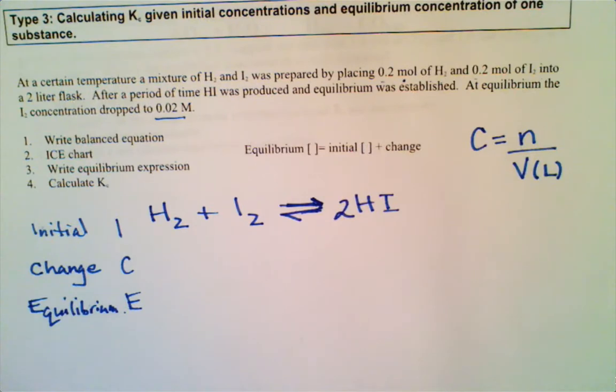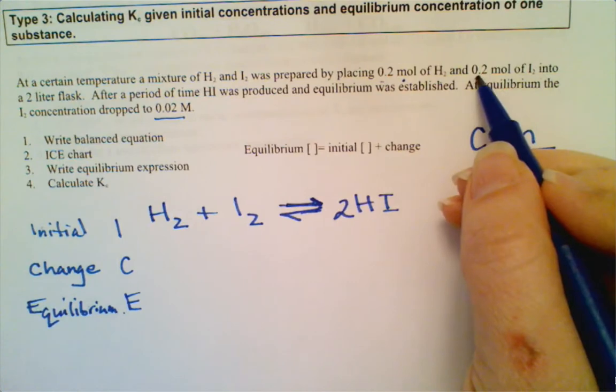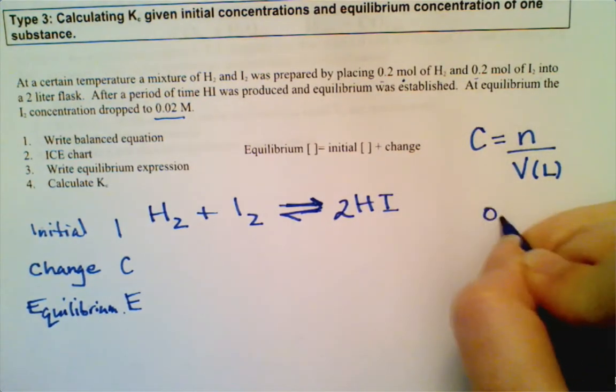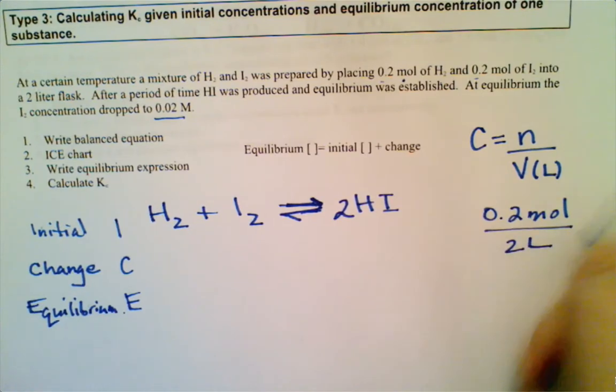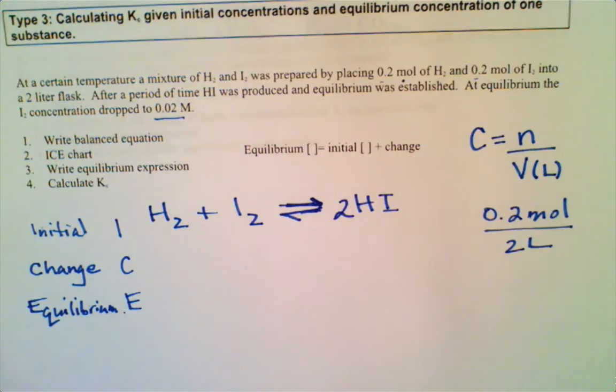Again, pause this video at any point. What we want to do now is figure out the initial concentration of H2 and I2. Here we've got 0.2 moles in a 2-liter flask. So I'm going to do 0.2 divided by 2, and that gives me 0.1.